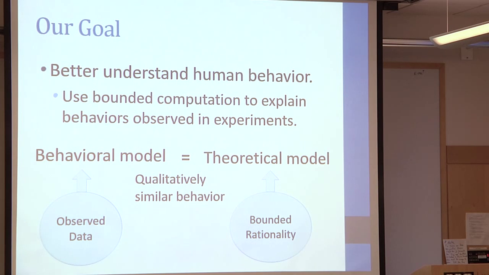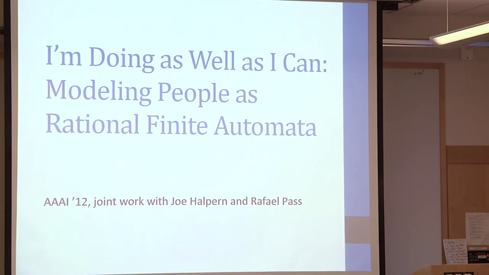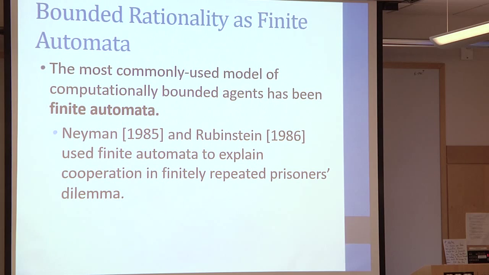Okay, and what I'm going to discuss is a paper that appeared in AAAI 2012, which is joint work with my PhD advisors, Joe Halpern and Rafael Pass. It's called I'm Doing As Well As I Can: Modeling People as Rational Finite Automata. So why finite automata? Finite automata have been maybe the most commonly used model of bounded agents.